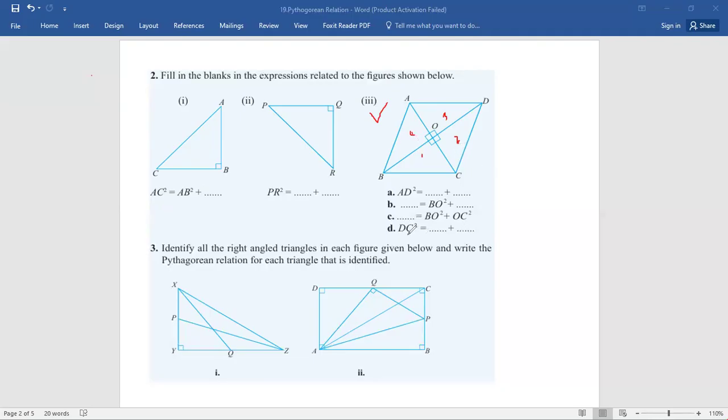On this side you have the hypotenuse, and you have to fill the blank. Please let me know once you finish.